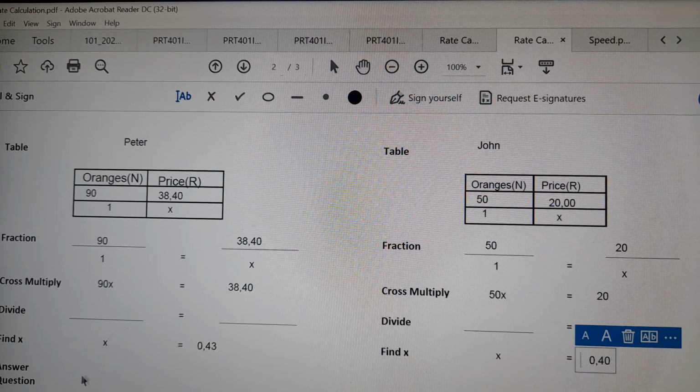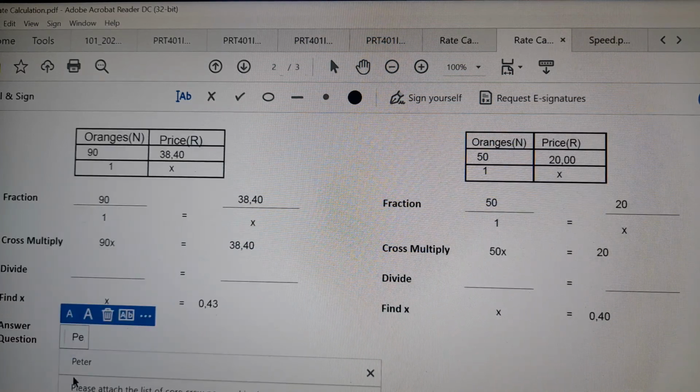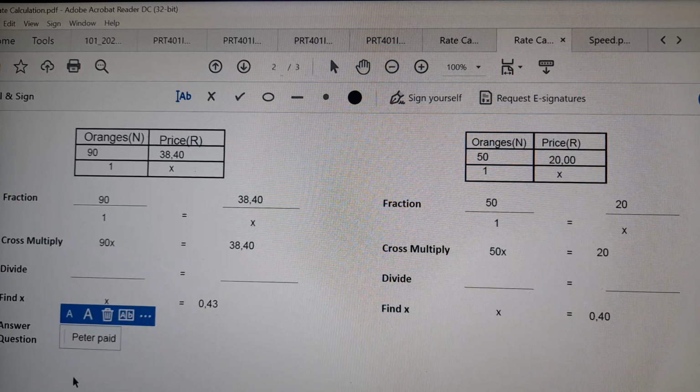So now I'm going to answer the question. Peter paid 0.43 rands for 1 orange. Let me write this in the right font.